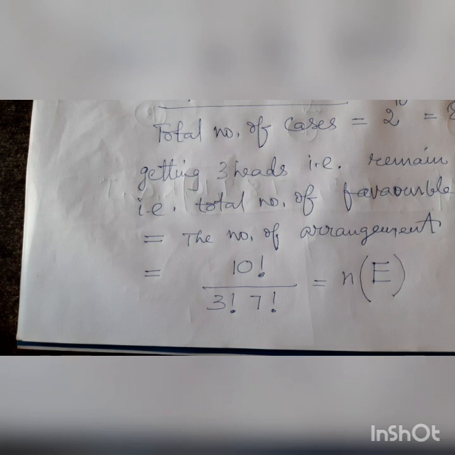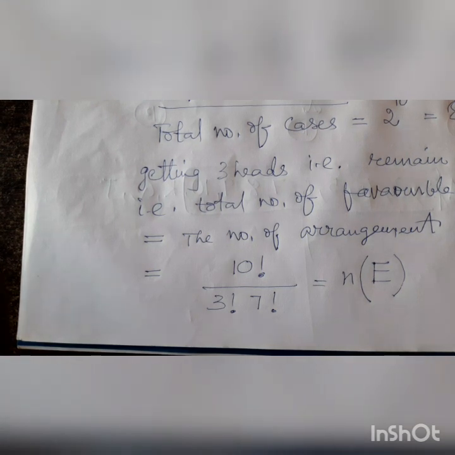In one basket, 10 fruits are there, 3 apples and 7 oranges. How do we arrange the 10 fruits in a row? 10 factorial by 3 factorial into 7 factorial. This is grouping. I think you can understand this example very well.